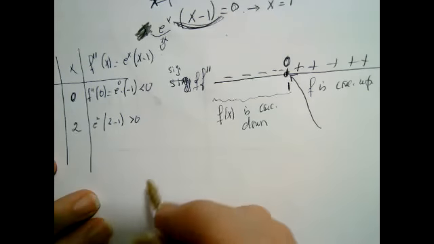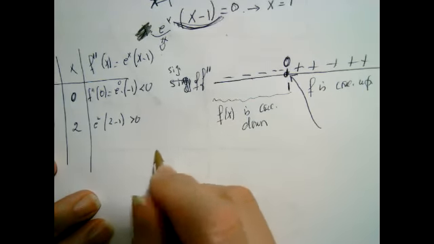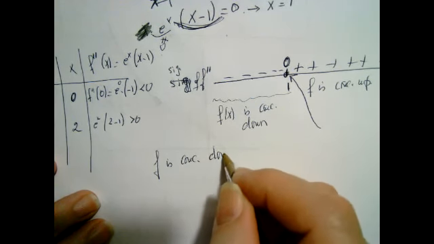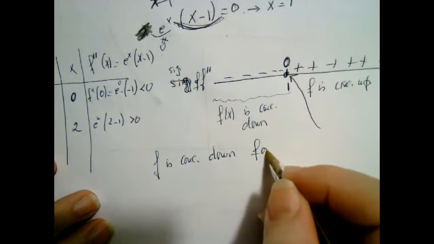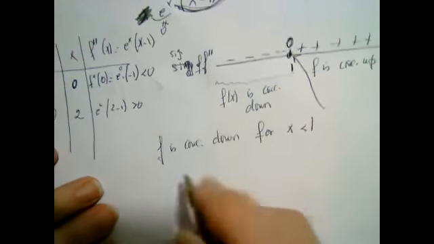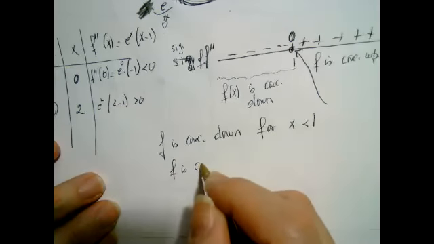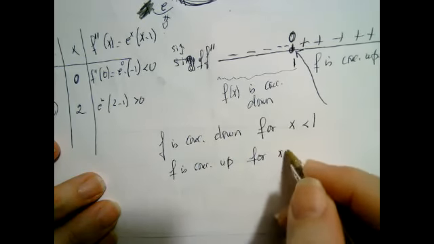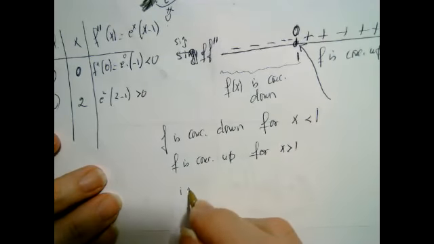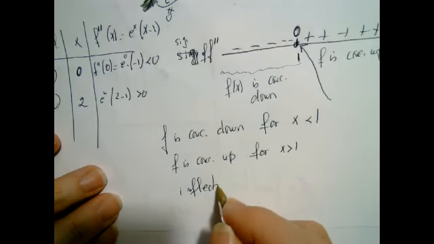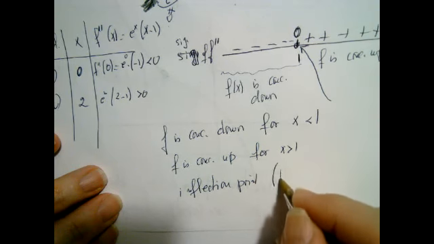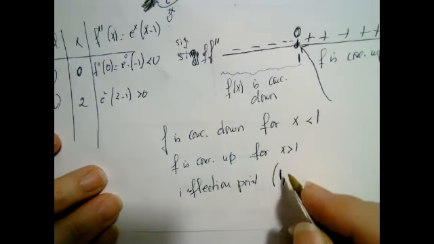Okay, so let's write those down. So f is concave down for x less than 1. It's concave up for x bigger than 1. And the inflection point is where the concavity changes, at the point 1, f of 1.